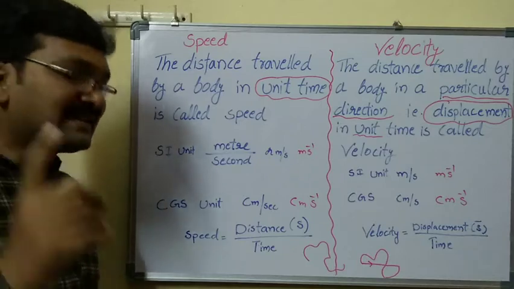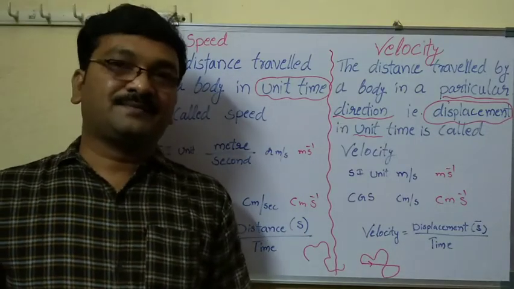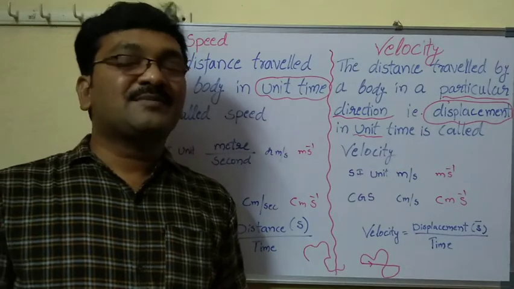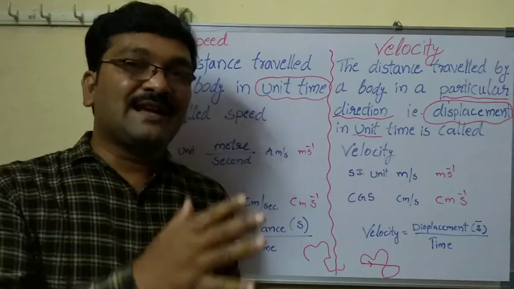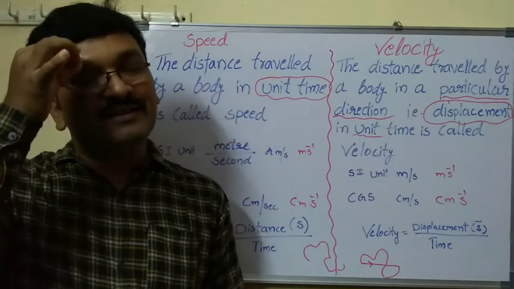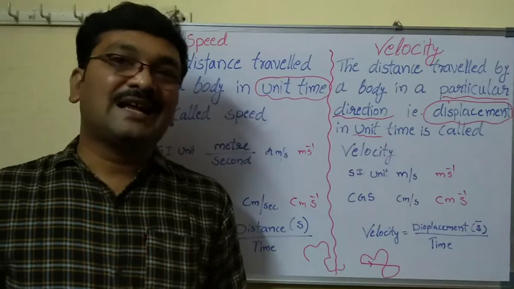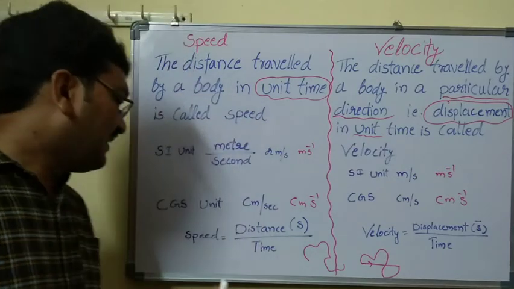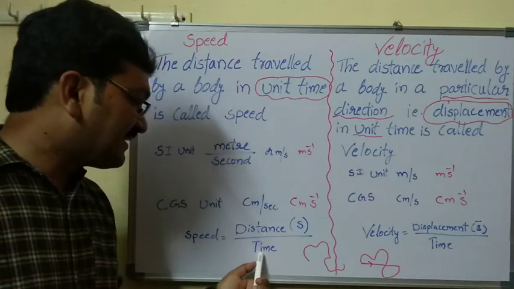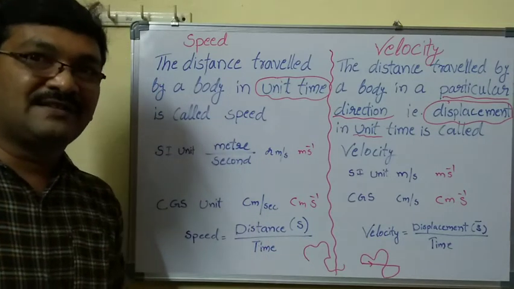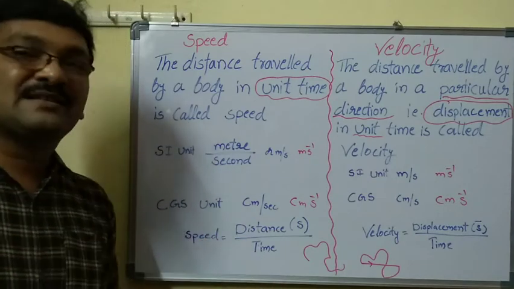I will take one example. I am moving from Karimnagar to Hyderabad with some speed. The total distance is 160 kilometers and the time taken is 3 hours. Then we take the total distance, 160, and the time, 3 hours, and calculate to get the speed.